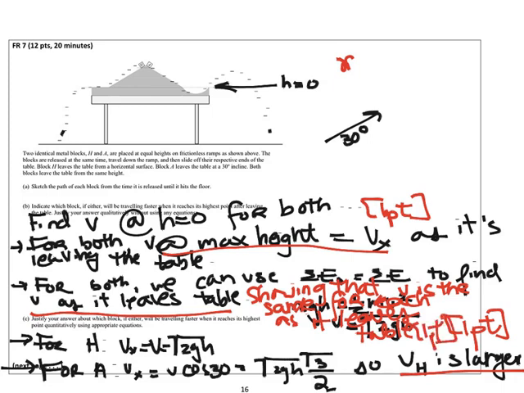Okay, and then you get your final point for an expression for each Vx of H and Vx of A. And actually that combination of equations and explanation were for both B and C.